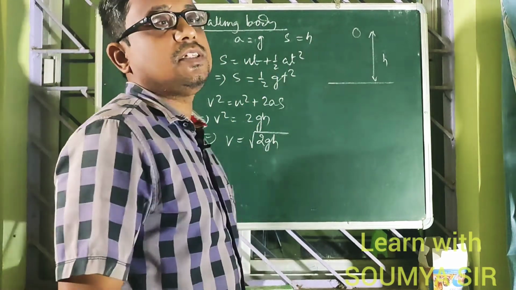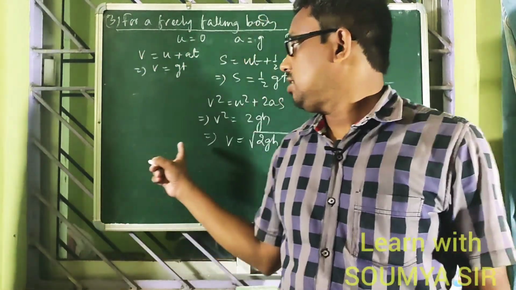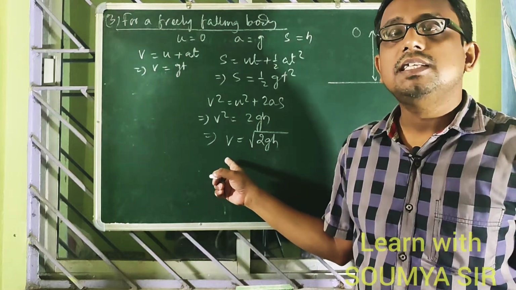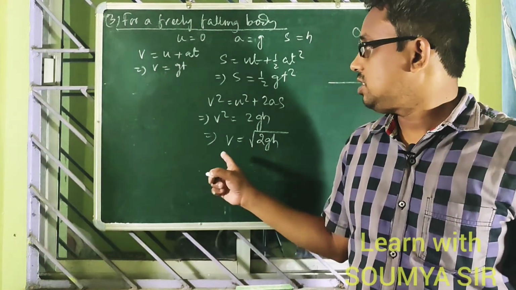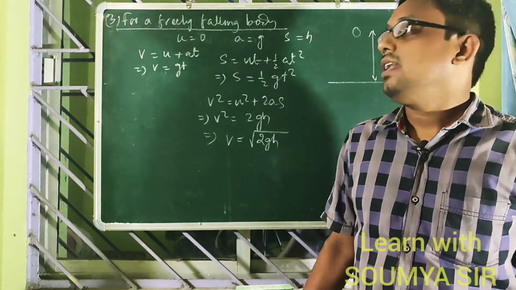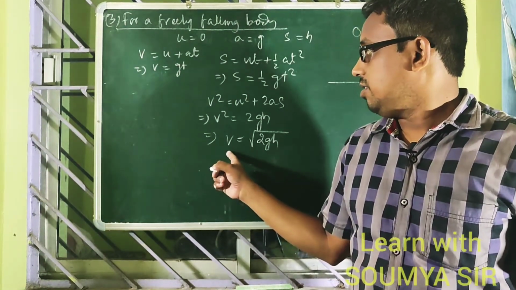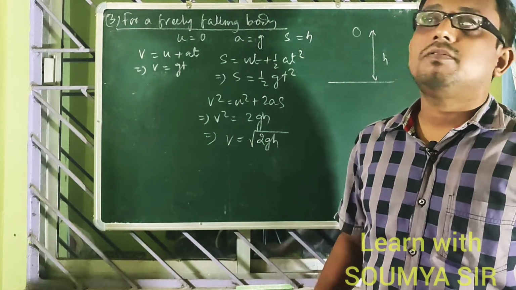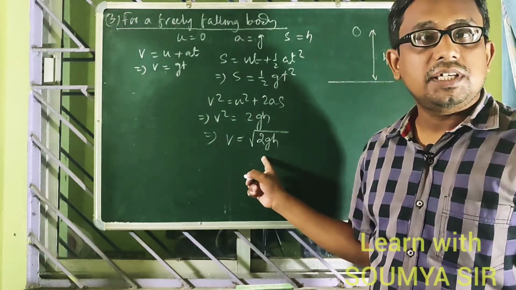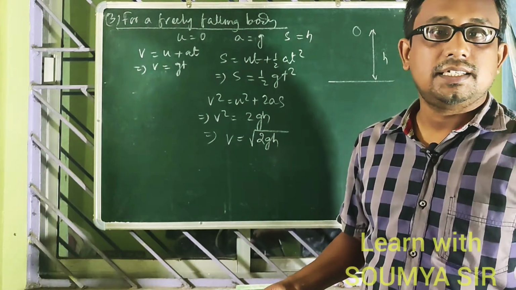So this is the expression for the velocity of a freely falling body on reaching the ground. Now see here, velocity of the freely falling object is equal to root over of 2gh. That means it depends on acceleration due to gravity as well as height.